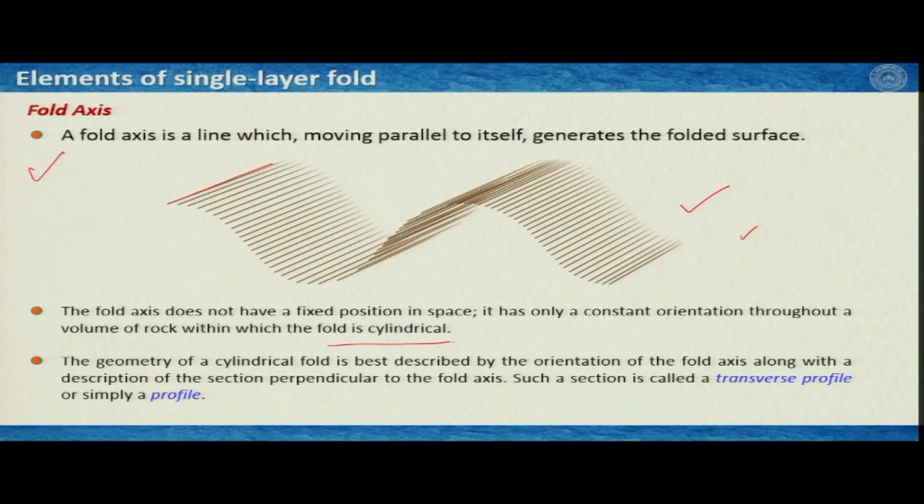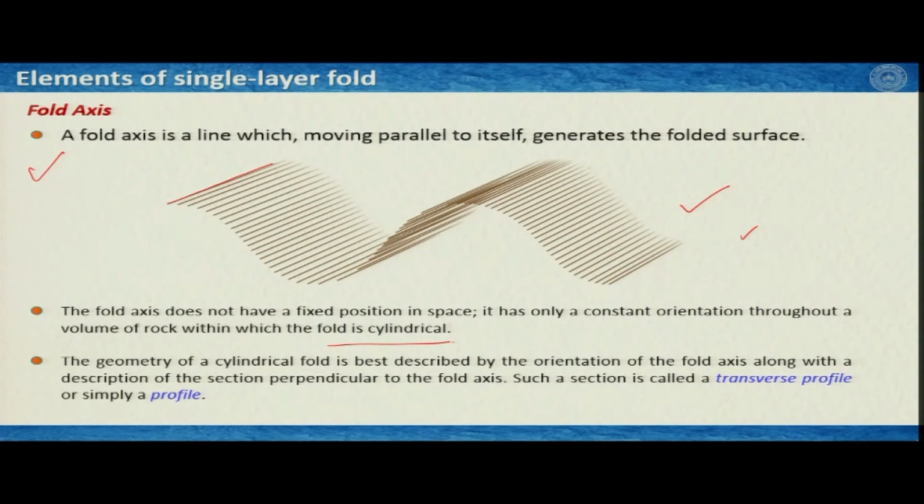Now, the geometry of this cylindrical fold that we talked about, or any fold, is best described by the orientation of the fold axis, of course, because the fold axis can form the fold surface, and at the same time a section perpendicular to the fold axis.